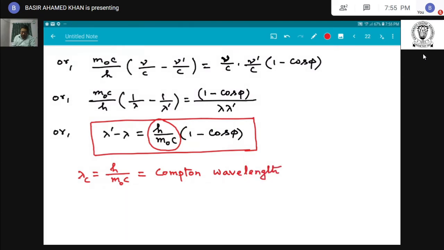The value of the Compton wavelength: if I put h equal to 6.63 into 10 to the power minus 34 joule second, m0 equal to 9.1 into 10 to the power minus 31 kg, and c equal to 3 into 10 to the power 8 meter per second, then the value of lambda c becomes 2.426 into 10 to the power minus 12 picometer.